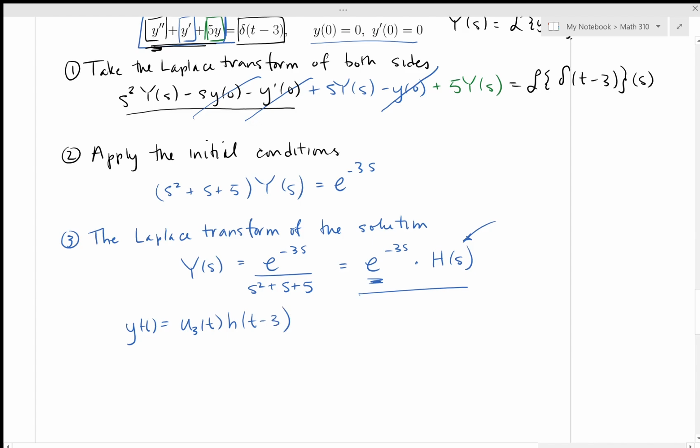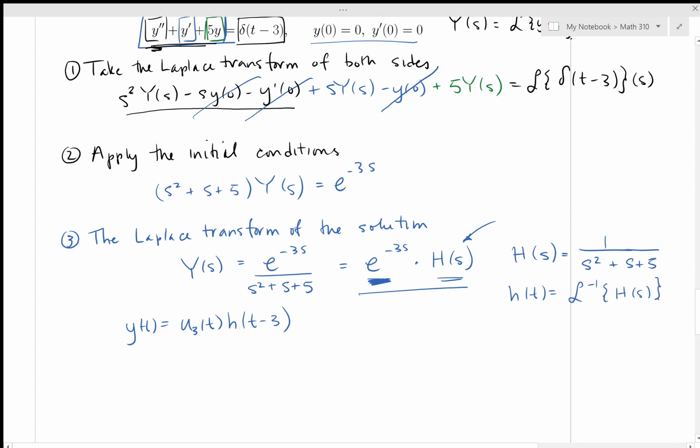That covers this exponential here, and now I'm reduced to finding the inverse Laplace transform of H of s, which is 1 over s squared plus s plus 5. The inverse Laplace transform of H of s will be h of t.